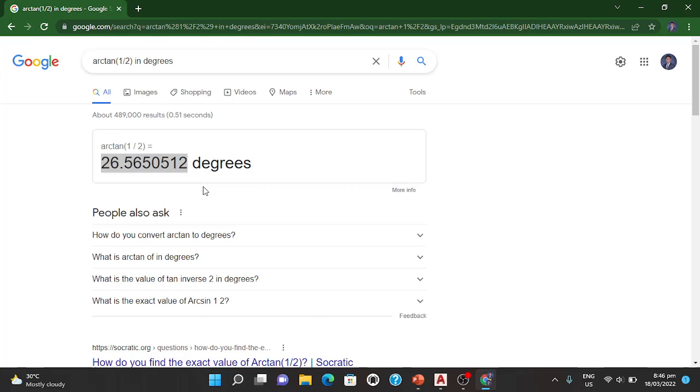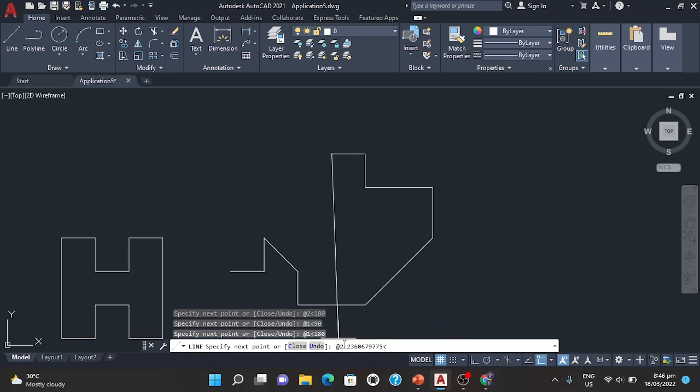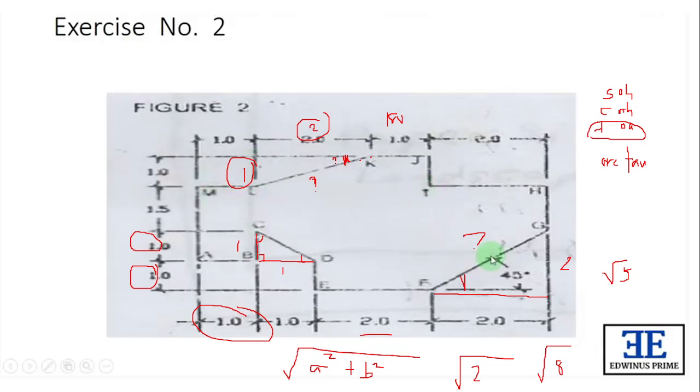So let's copy this and paste it in our CAD, and see if it will have the same answer. Once we hit enter, we have this specific line. As you can see, it is not the same as in our figure.